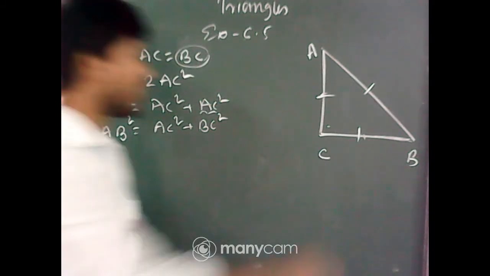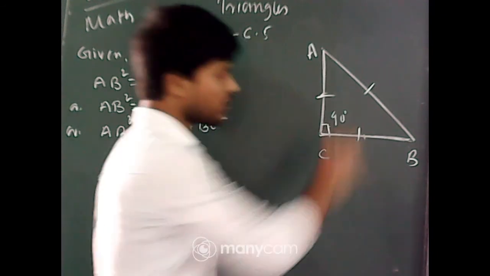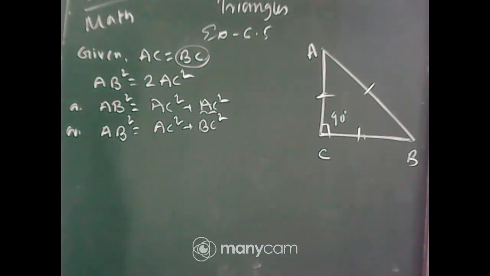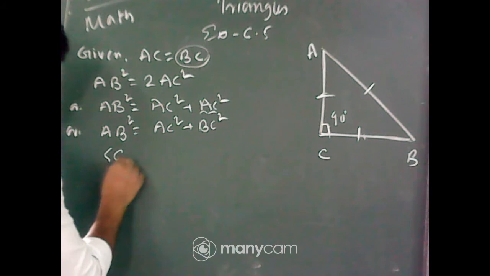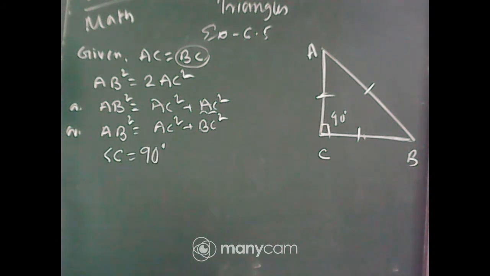That means the angle opposite to the first side is equal to 90 degrees. This is the converse part of Pythagoras theorem, though it is not in your syllabus. So by the converse of Pythagoras theorem, we can say that angle C is equal to 90 degrees. Okay, did you understand?